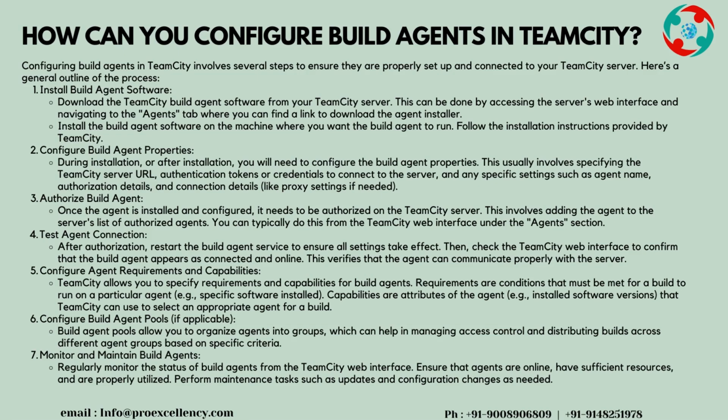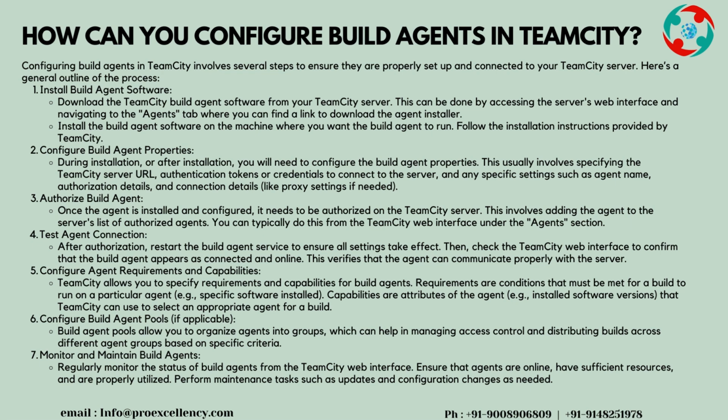Configure agent requirements and capabilities. TeamCity allows you to specify requirements and capabilities for build agents. Requirements are conditions that must be met for a build to run on a particular agent, for example, specific software installed.